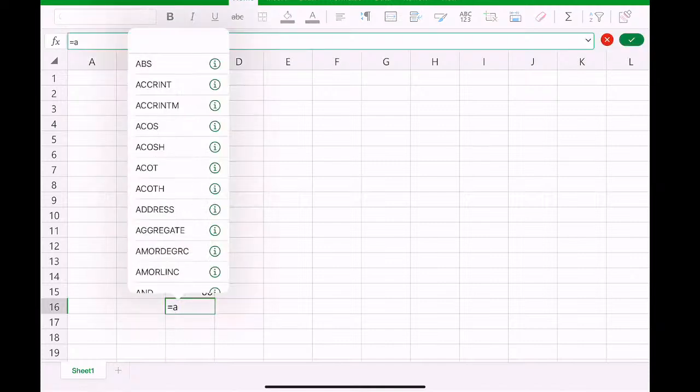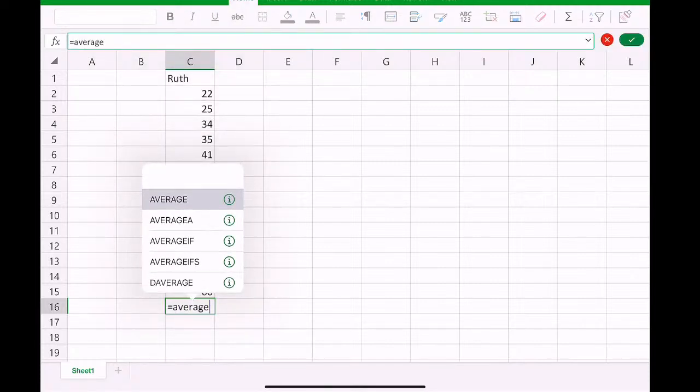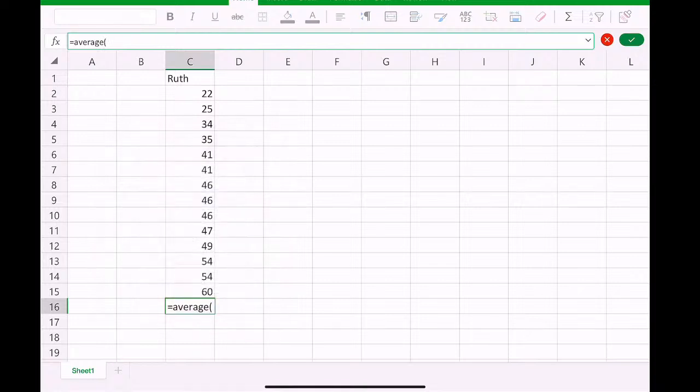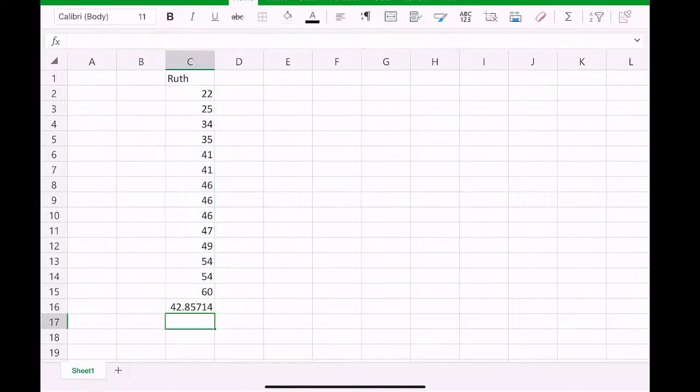And what I want to do is average. So you say equals average, and you get a drop-down list of different functions. You tell Excel that you want all these with a colon to go in. You guys can practice this later if you don't know how. Is that the answer? That's not the answer. I must have typed something wrong. It was 43. So let's see, 22, 25, 34, 35, 41, 41, 46, 46, 46, 47, 49, 54, 54, and 60. Maybe I did something wrong before.